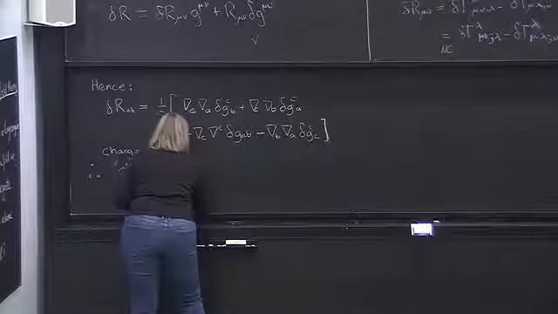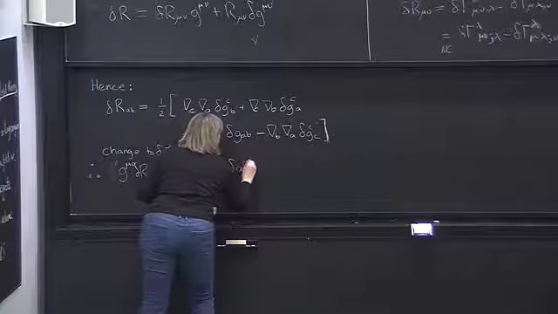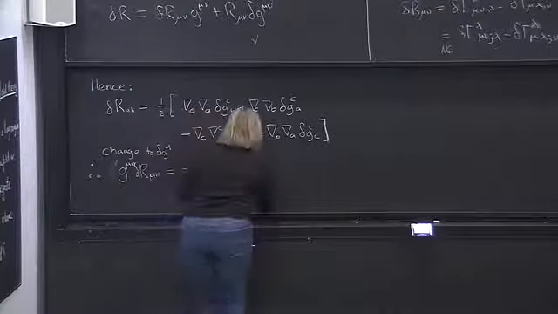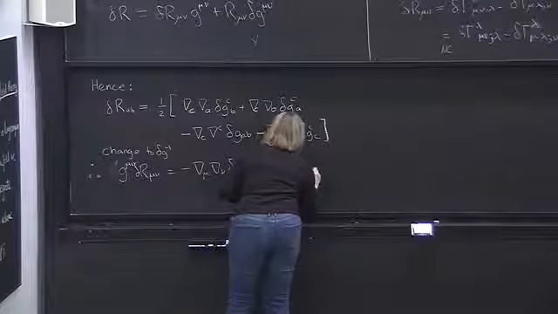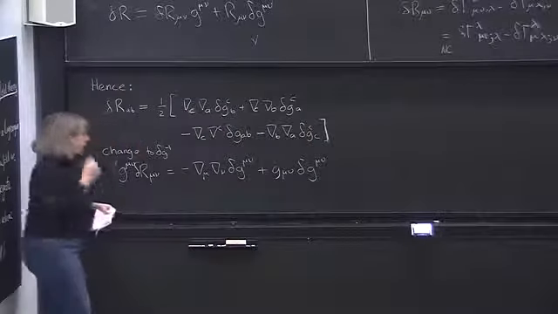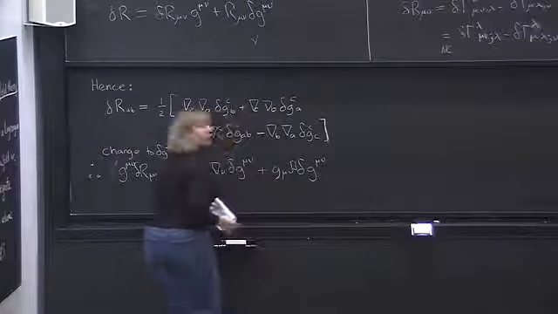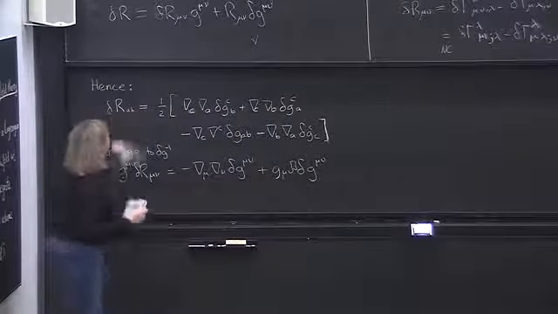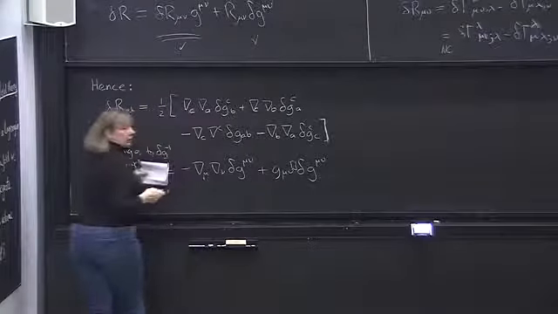What I end up with is the second derivative of delta G inverse. Okay, so this is what my box in there, sorry. This is what the variation, this very first piece here, we've now calculated.